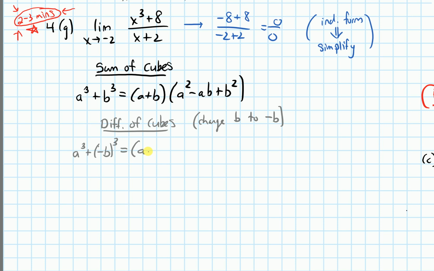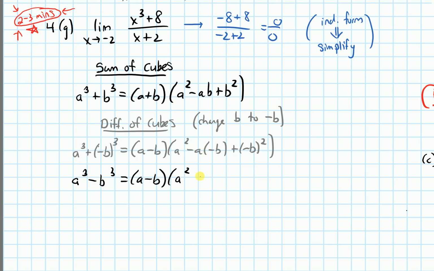We'd get a minus b times a squared minus a times negative b, because the b got changed to negative b, plus negative b squared. All right, so let's simplify this. This is a cubed minus b cubed on the left. On the right, we have a minus b times a squared.